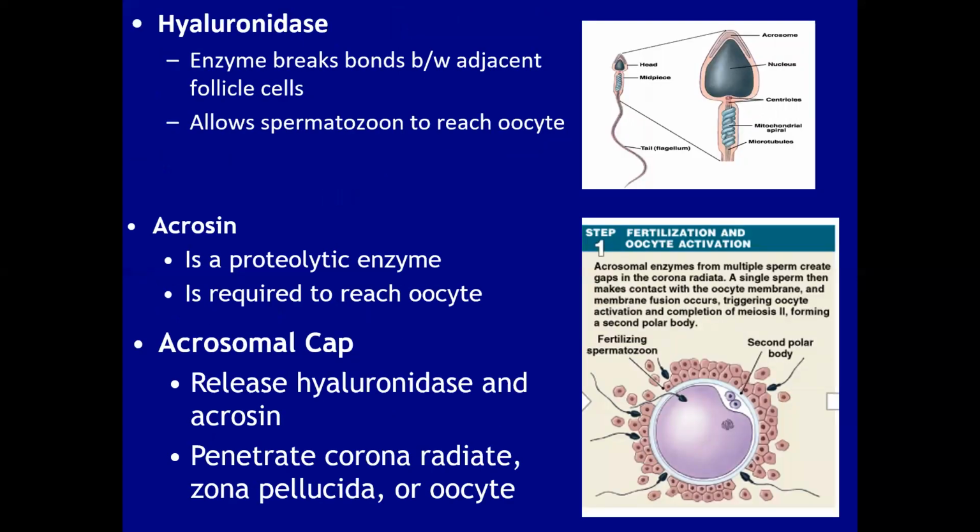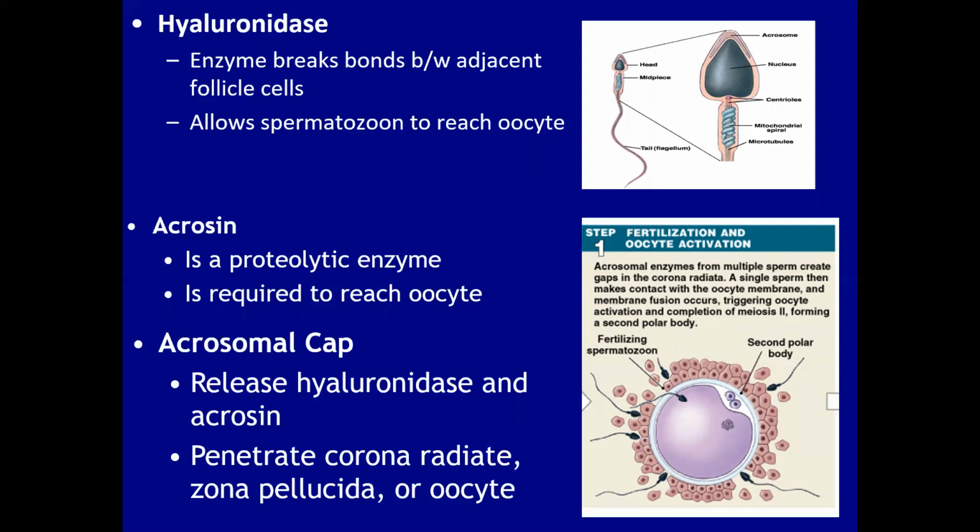In order for the sperm to make its way into the oocyte, an enzyme called hyaluronidase is used, and it breaks the bonds with the follicular cells, 1, when it's still within the testes, and 2, it allows the sperm to actually reach the oocyte.